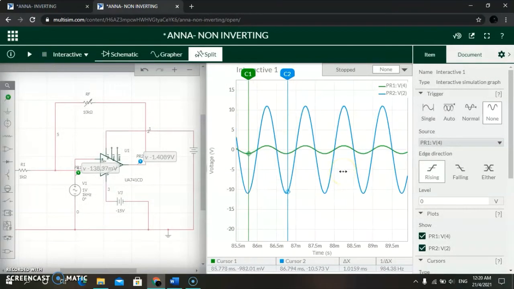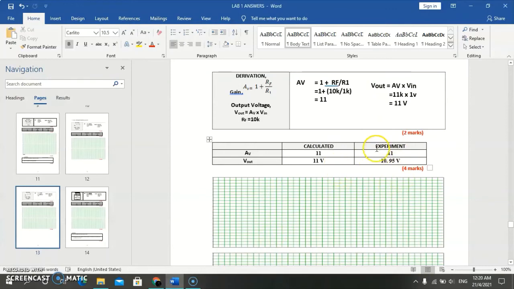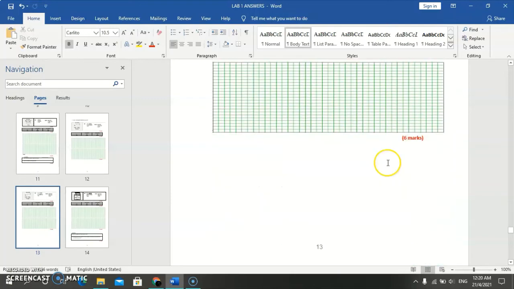Alright, this is the waveform. For Vin, we should get around 1. Yes, we get 96.87 millivolts, so it is equal to 1. For Vout, we have to get 10.949 volts, which is 11 volts. So we get the same answer as calculated.